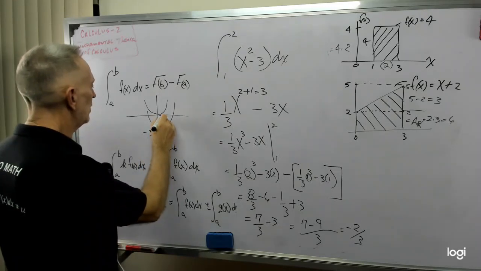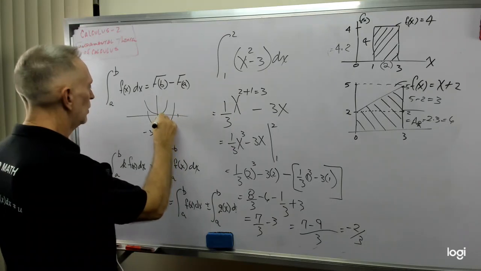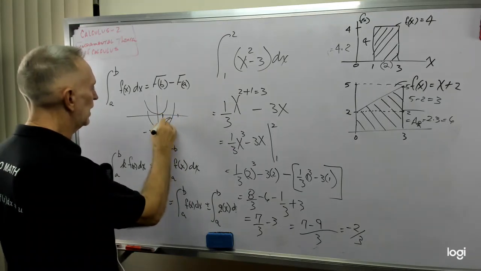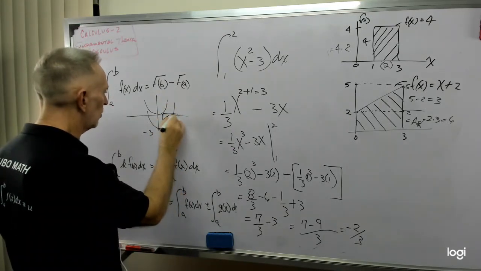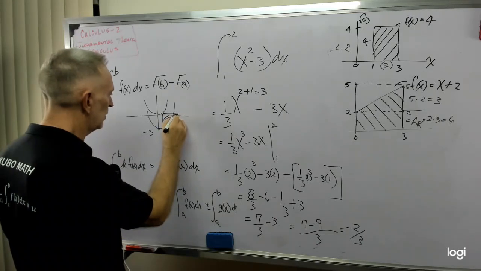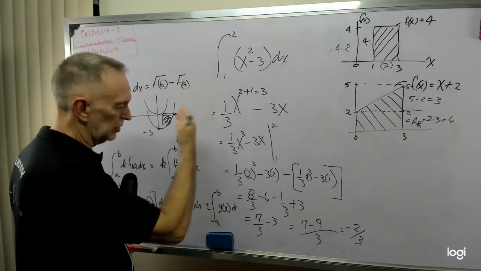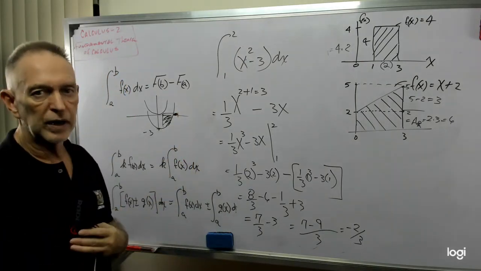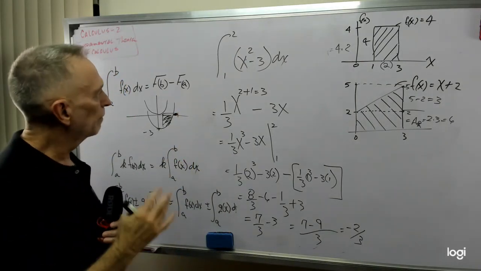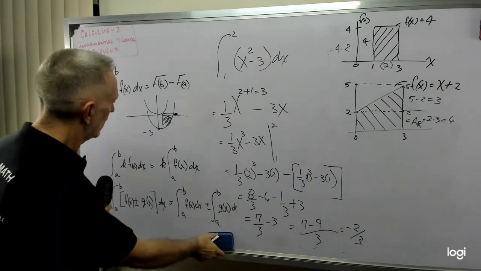So we're evaluating that function from 1 to 2. All it amounts to is the area underneath is greater than the area that was above that. So that's what that means. It's a negative area. There's more underneath that axis than above.